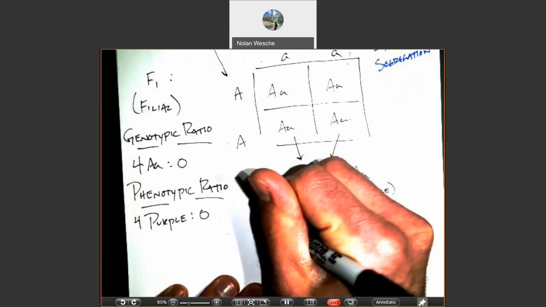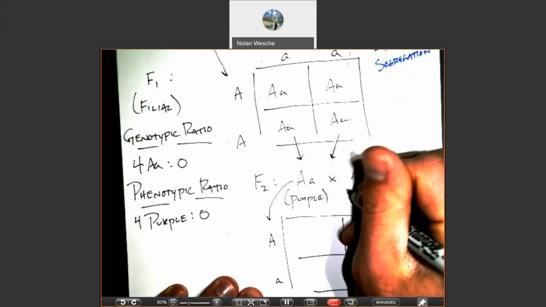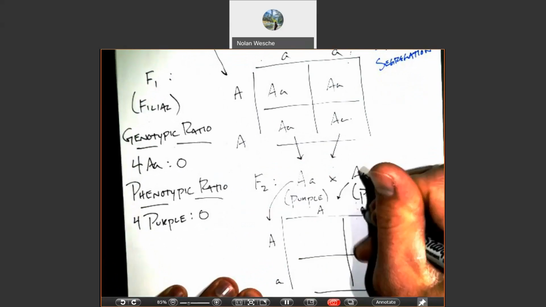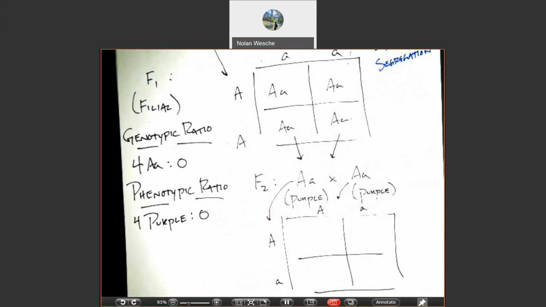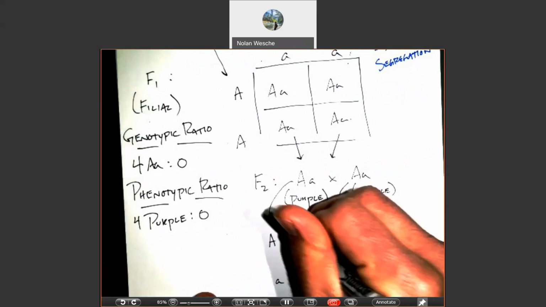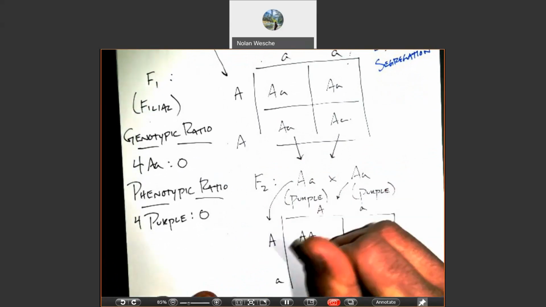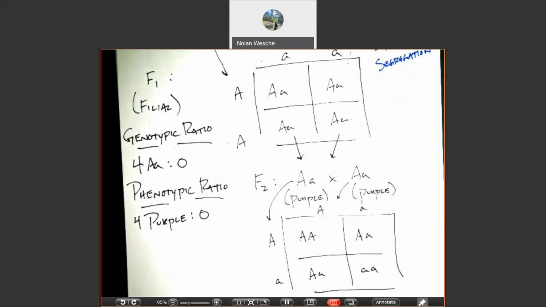Go ahead and put the parents in their respective positions. So we have big A, little a, and big A, little a. We start looking at our odds that are possible. And we see this classic ratio that comes from Mendelian genetics, a 1-to-2-to-1 genotypic ratio and a 3-to-1 phenotypic ratio.